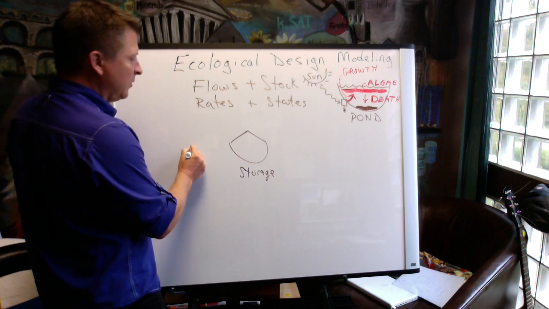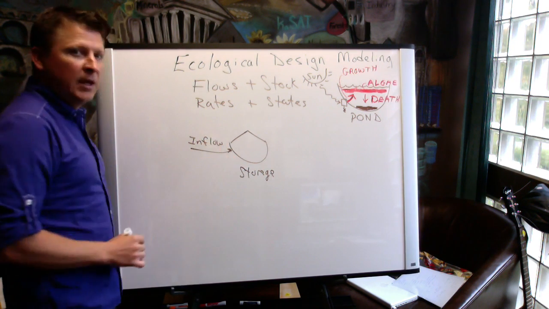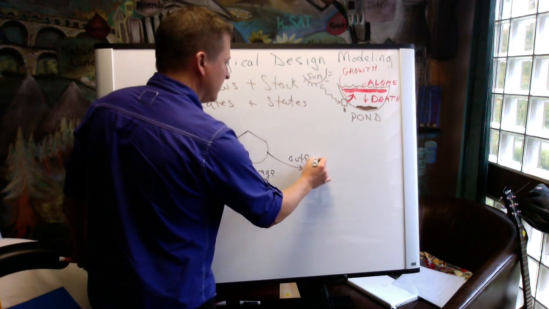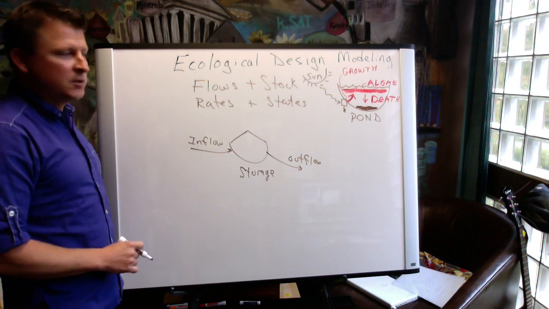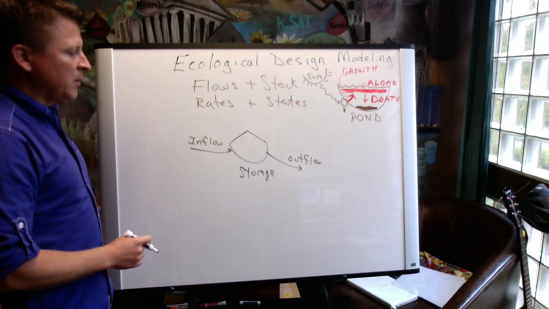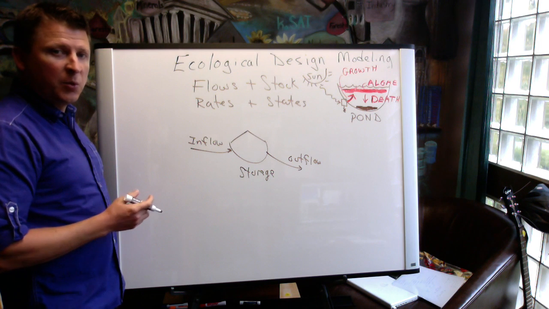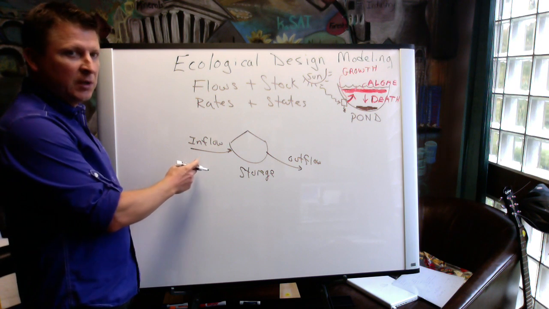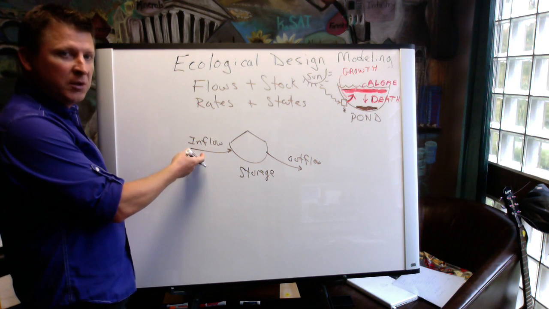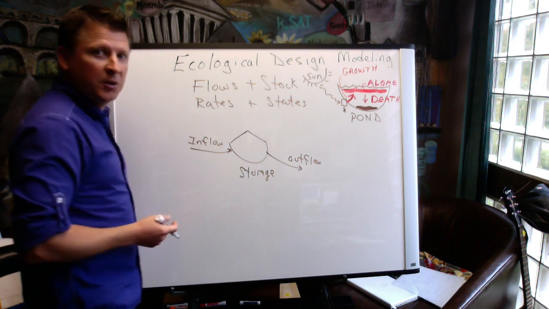And we have an inflow, and we have an outflow. So in our example with algae in the pond, growth is the inflow, death is the outflow. And what we can see is that the amount of algae, or the amount of storage that we have at any point in time, is the balance between what we had previously plus any new material that comes as inflow minus any material that leaves as outflow.